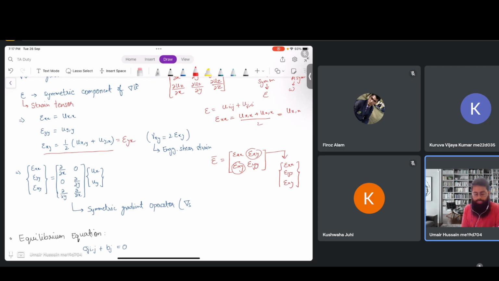Even if we are dealing with 3D, we could have done it like this. This kind of representation of a symmetric matrix as a vector after reducing its elements is called Voigt notation.